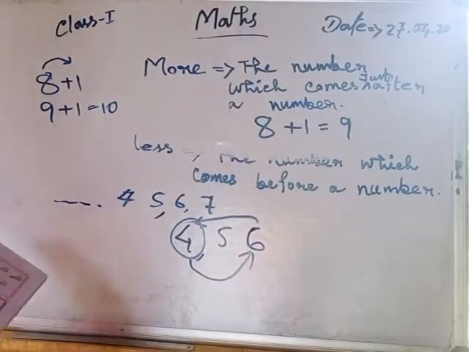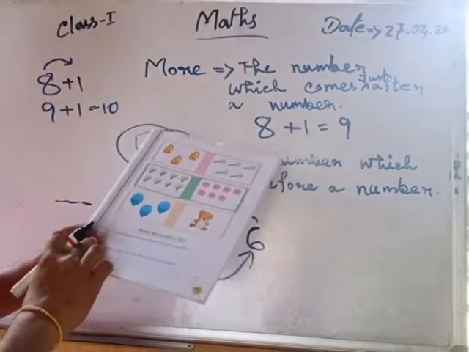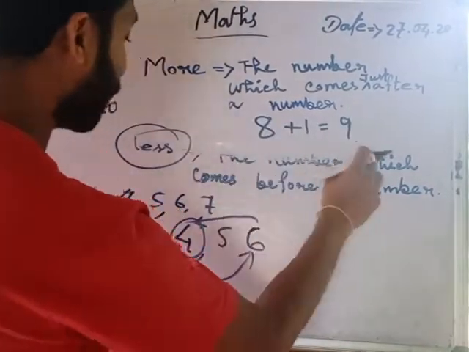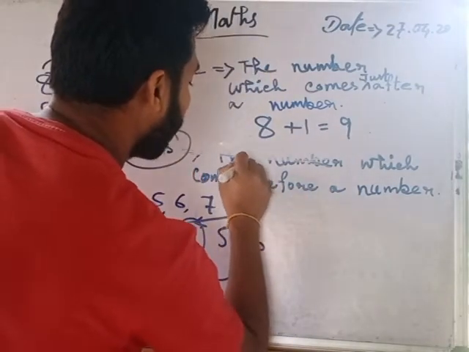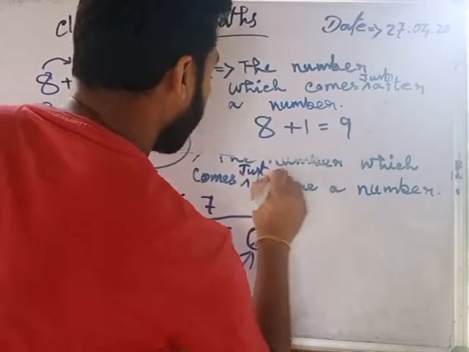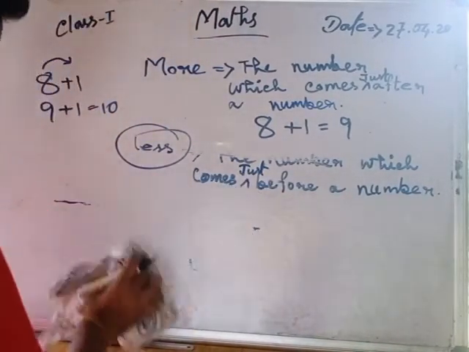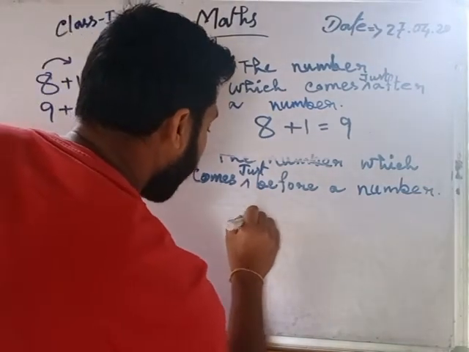Next, we should go to the next. Less than. The number 1 less than means the number which comes just before a number. Just before the particular number. Suppose the particular number is 10.